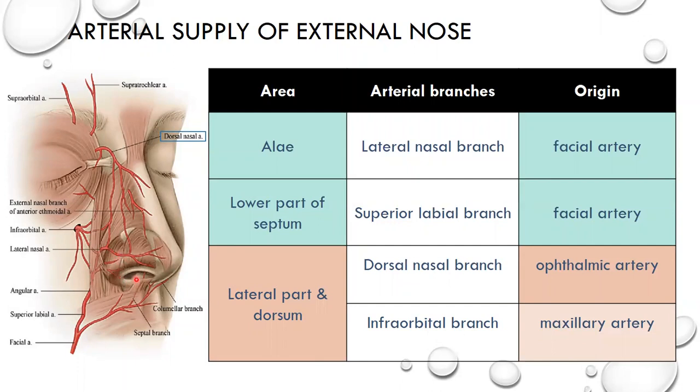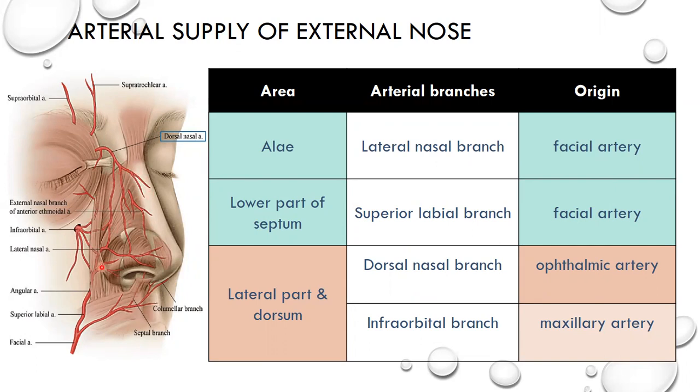And then the lower part of the septum is supplied by the superior labial branch of the facial artery, and the lateral part and the dorsum of the nose are supplied by two types of artery: the dorsal nasal branch of the ophthalmic artery, and the infraorbital branch of the maxillary artery.